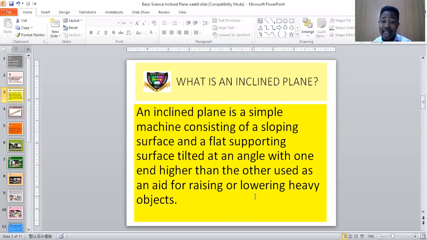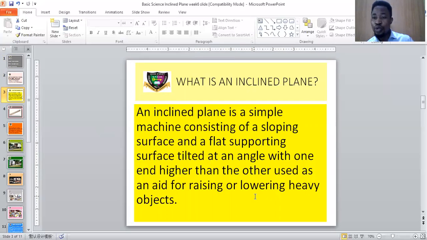So it's a simple machine consisting of one slope on a flat surface, and one part is tilted. When you say one part is tilted, that means the part is like this. You can see me, it's not flat. When something is tilted, it's like this, downward. So this part is the part resting on the truck you intend to push.